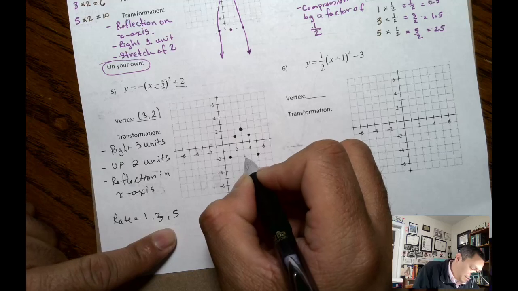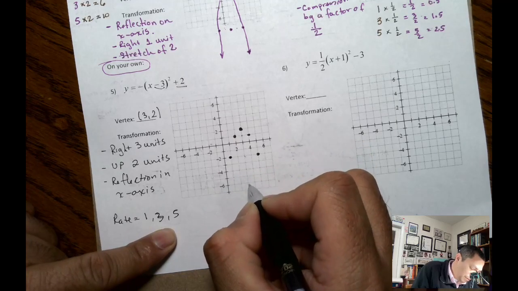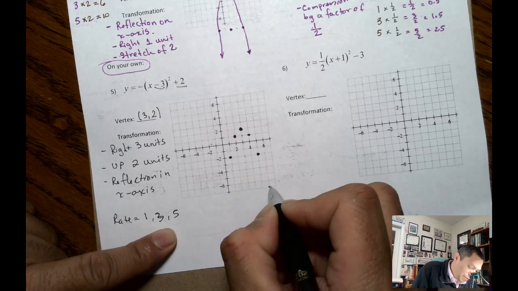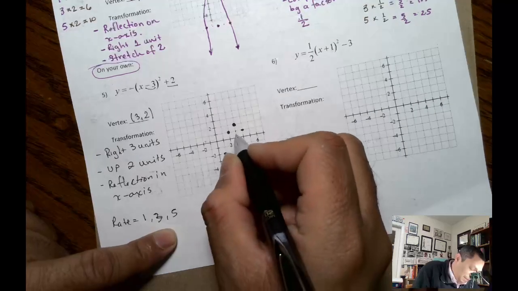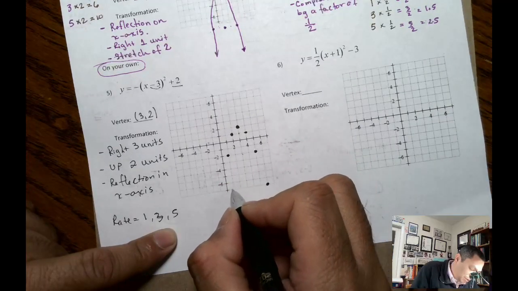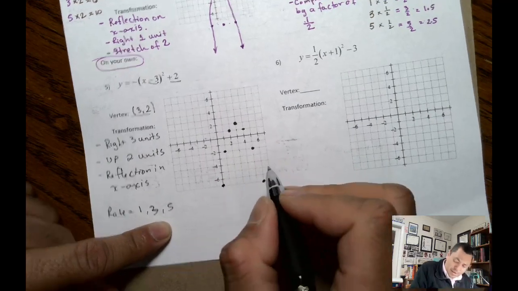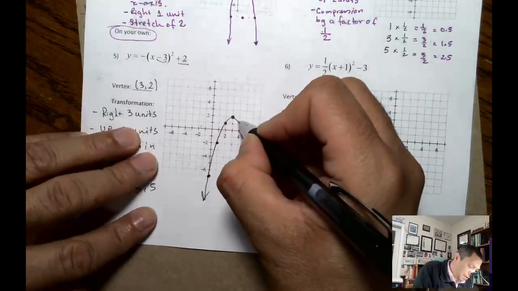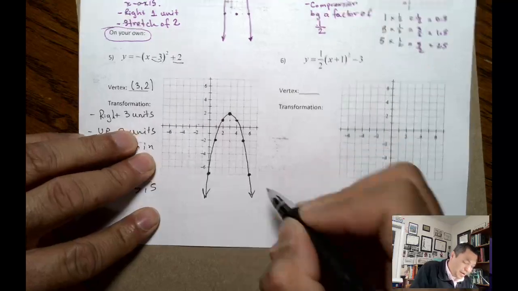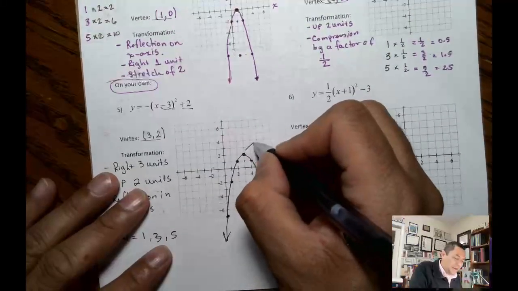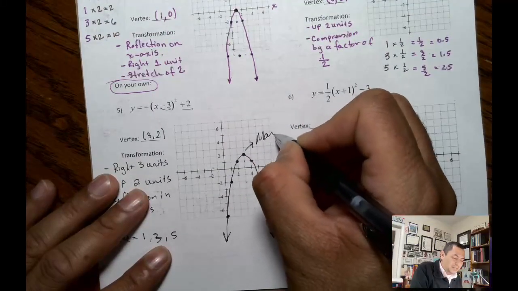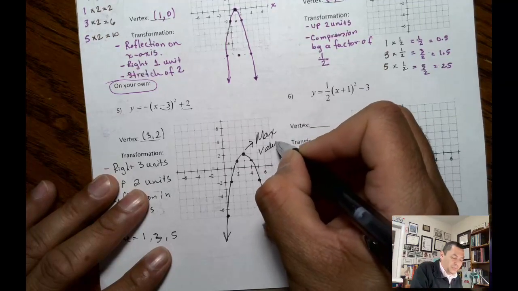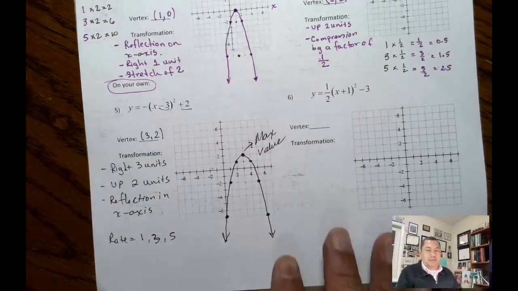Then I go 5: 1, 2, 3, 4, 5. Then same. I need to make sure I'm in the center. So this parabola goes down. I have a max value.